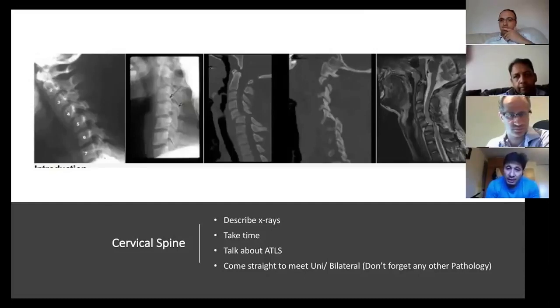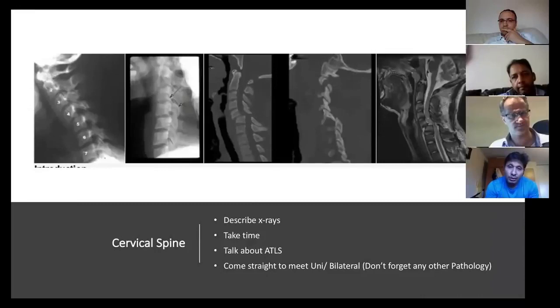In this particular X-ray, this is one of the few places in FRCS Orth where you describe X-rays properly for 30-40 seconds, because there is a lot to say. You need to comment about the spinal lines, the spinolaminar, anterior, posterior, spinous process lines, and all the rest.